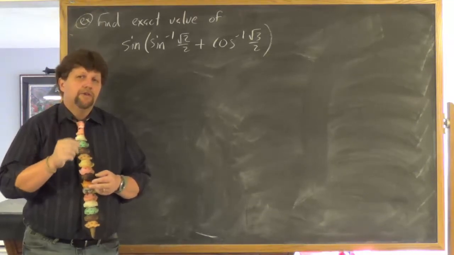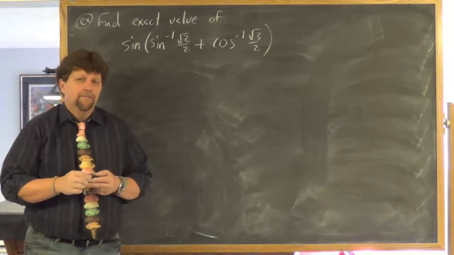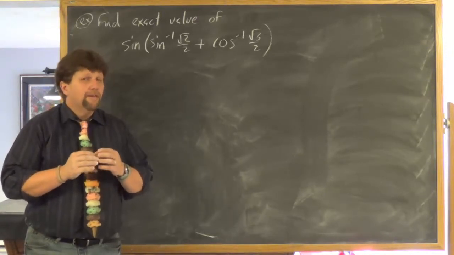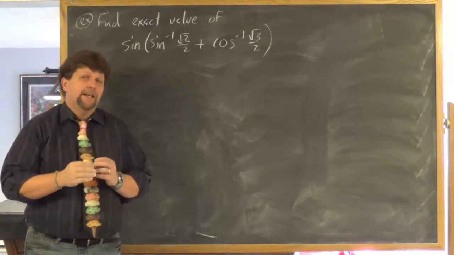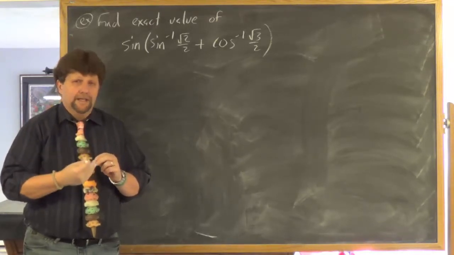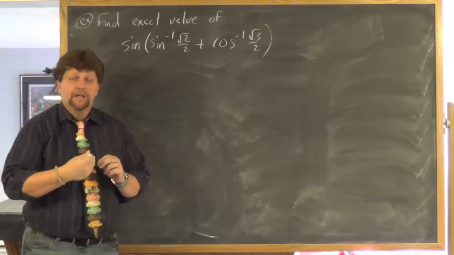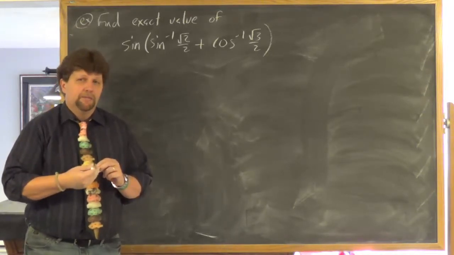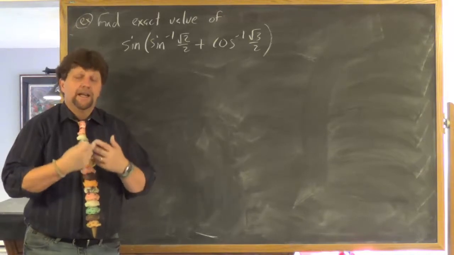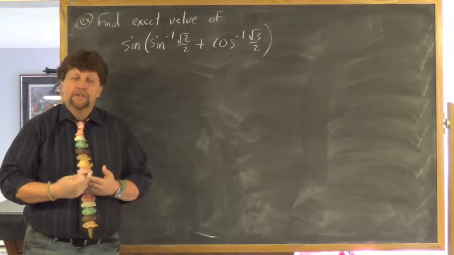I do expect you to know the sum and difference identities for sine and cosine. Truth be told, if you ever needed to get the exact value of tangent of A plus B, you could always use a quotient identity and rewrite tangent A plus B as sine A plus B over cosine A plus B. Which is why I said I need you to know the sum and difference identities for sine and cosine.